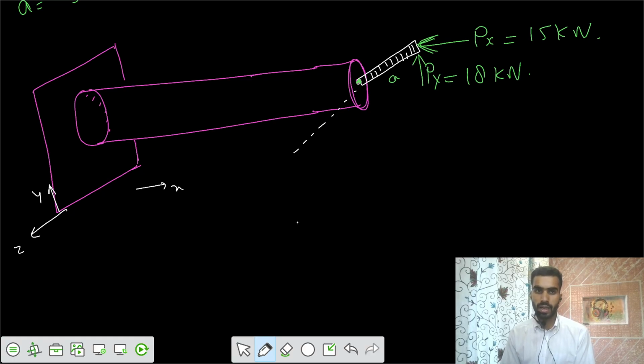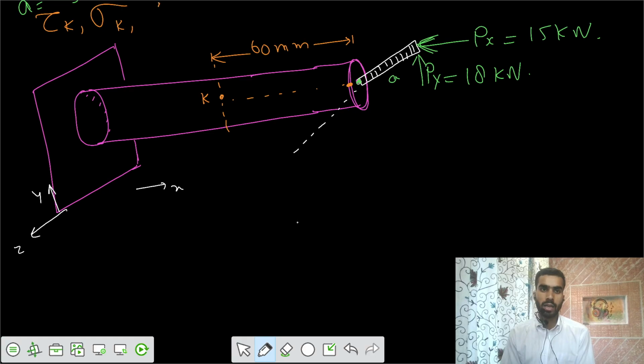There is some point K on the surface, on this line, at a distance of 60 millimeter from the free end. There we need to calculate the shear stress tau at K and the normal stress sigma at K, then the major and minor principal stresses at K, and tau max at that point.